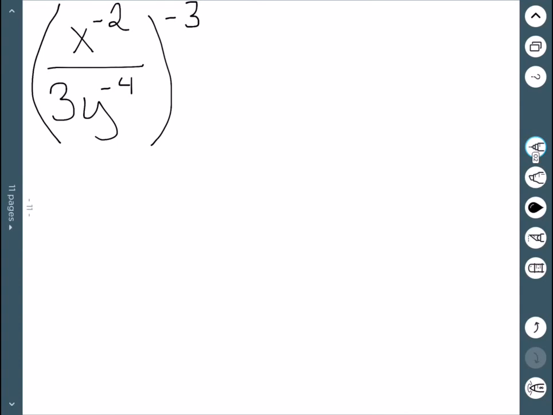With this one, we'll start by getting rid of the parentheses. We should raise everything to the negative 3 power. X to the negative 2 to the negative 3. We will multiply the exponents. Negative 2 times negative 3 is 6. I then have a 3 to the negative 3. Y to the negative fourth to the negative 3.